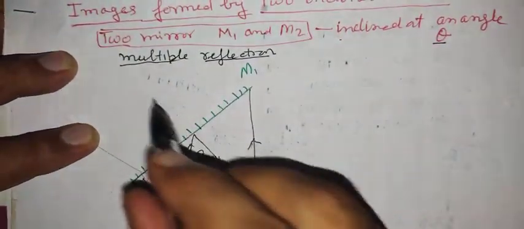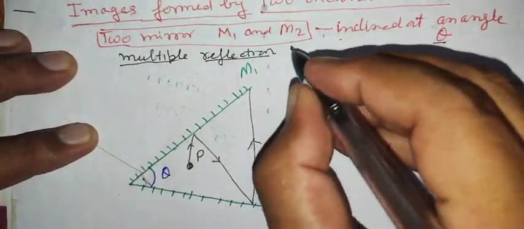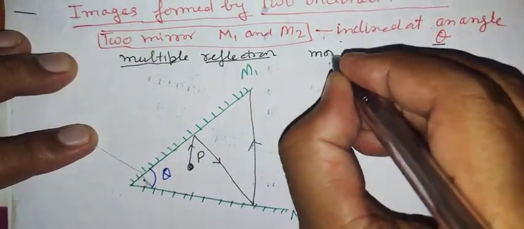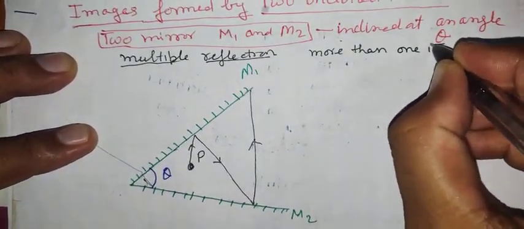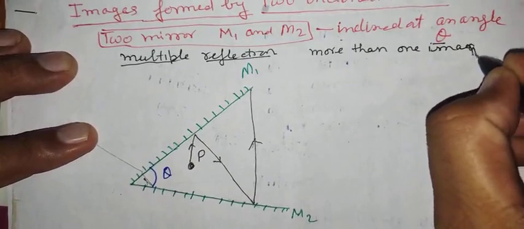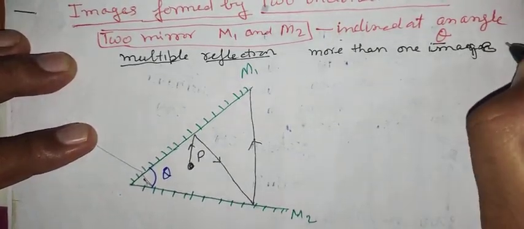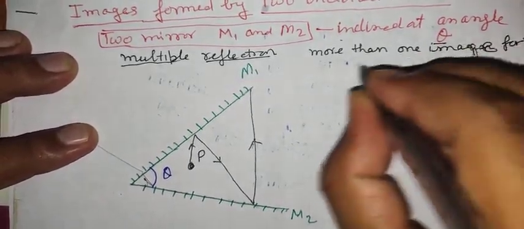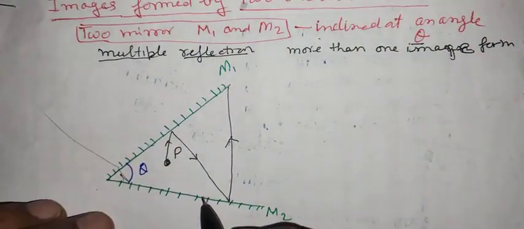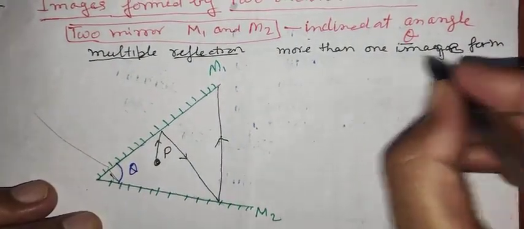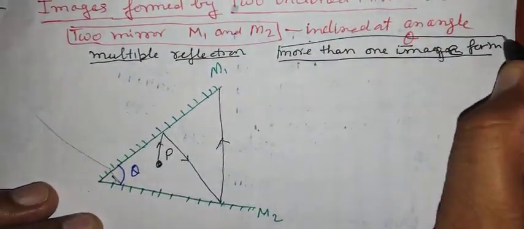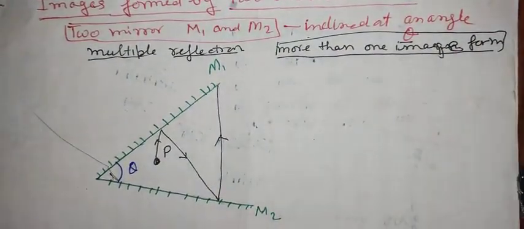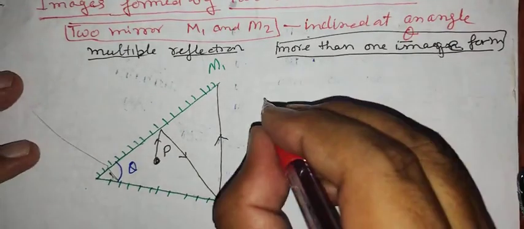As a result of the multiple reflection, more than one image is formed by this arrangement. More than one image is formed, then see carefully the number of images.